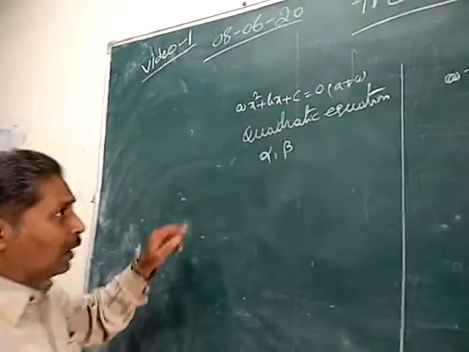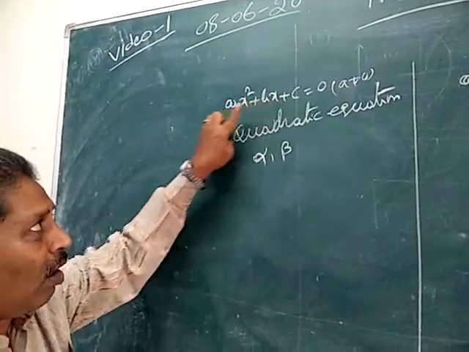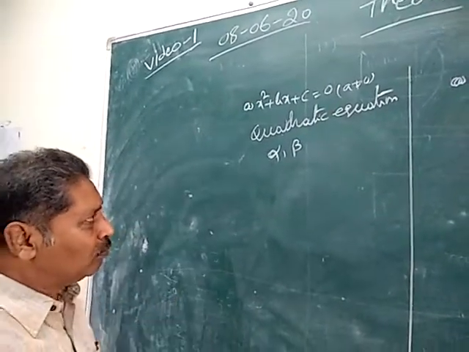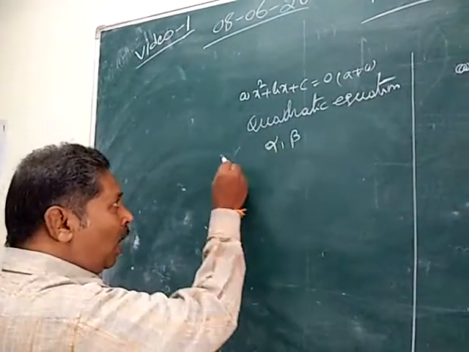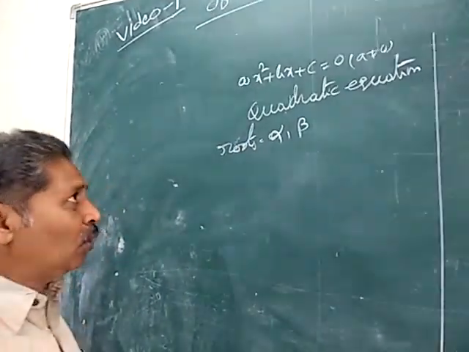Next, in this equation a, b, c are called coefficients. Let alpha, beta be the roots.